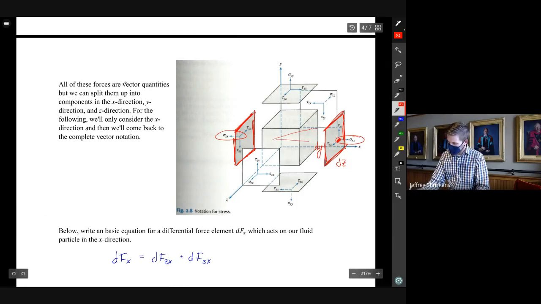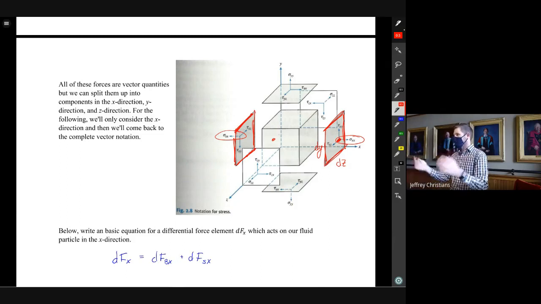So this is the change. If you came in at this side with a certain value and it changed by 1, you're coming out at the right side with the value of the left side plus 1.